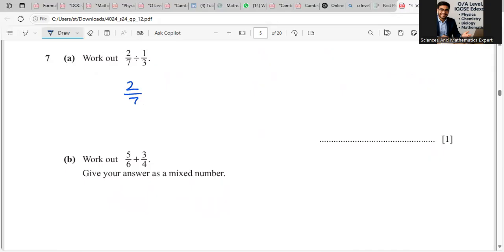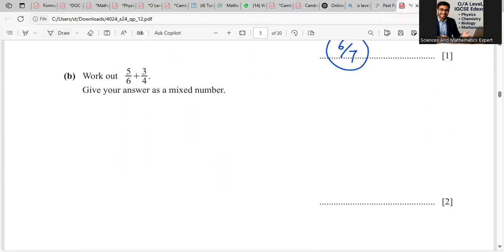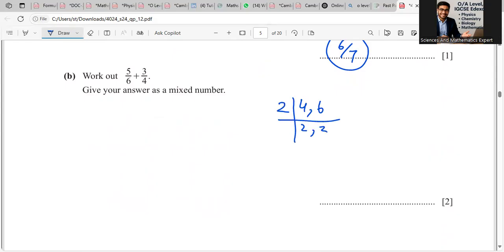At question number 6, he is saying work out this one. 2 by 7, the divide sign should be converted to multiply, 3 over 1, then it will be 6 over 7. After that, he is saying simplify this. I will take the LCM of 4 and 6. My LCM is 12.